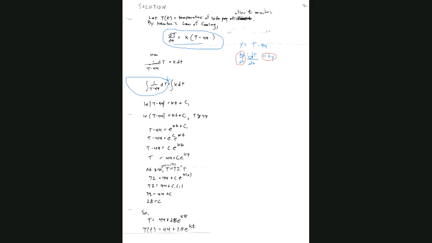If you differentiate the log of the absolute value of t minus 44, you're going to get this integrand here, because the derivative of the log is 1 over t minus 44, and then the derivative of t, by the chain rule, is just 1.